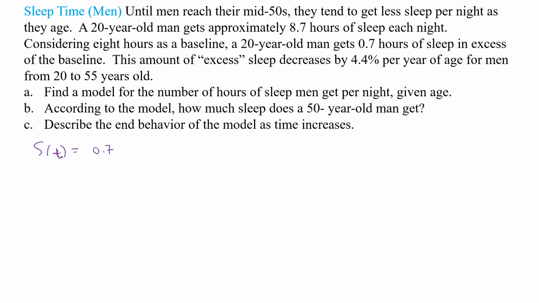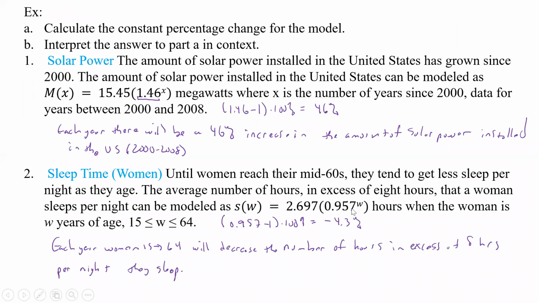4.4% per year. So what we're going to have to do is take 1 minus 0.044, and that's going to give us 0.956.